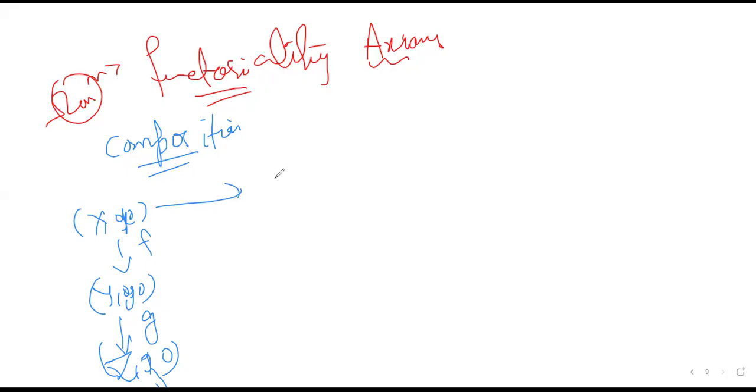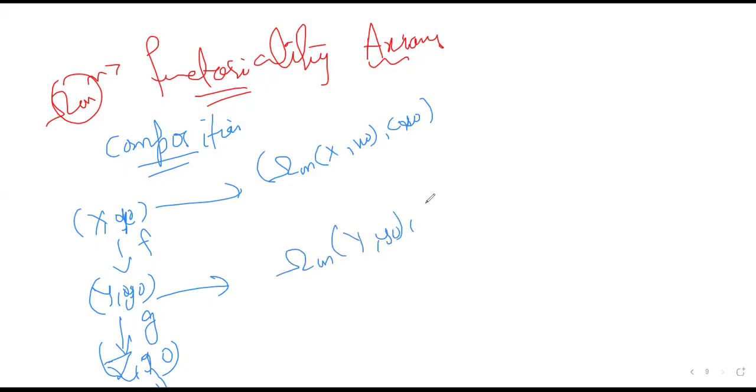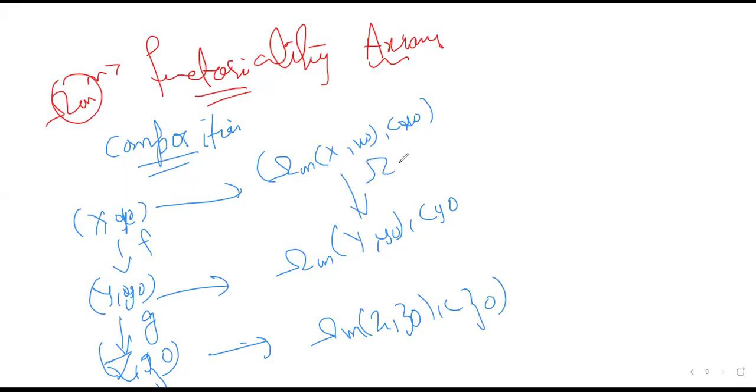Ω^m sends (X, x0) to (Ω^m(X, x0), c_x0), and Y sent to (Ω^m(Y, y0), c_y0), and then this object sent to (Ω^m(Z, z0), c_z0). So this morphism we can say Ω^m of f, and this morphism is Ω^m of g.